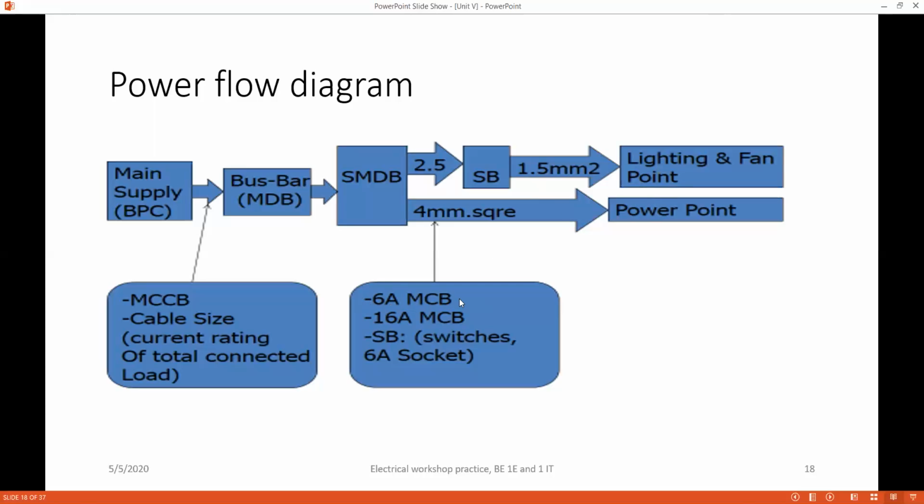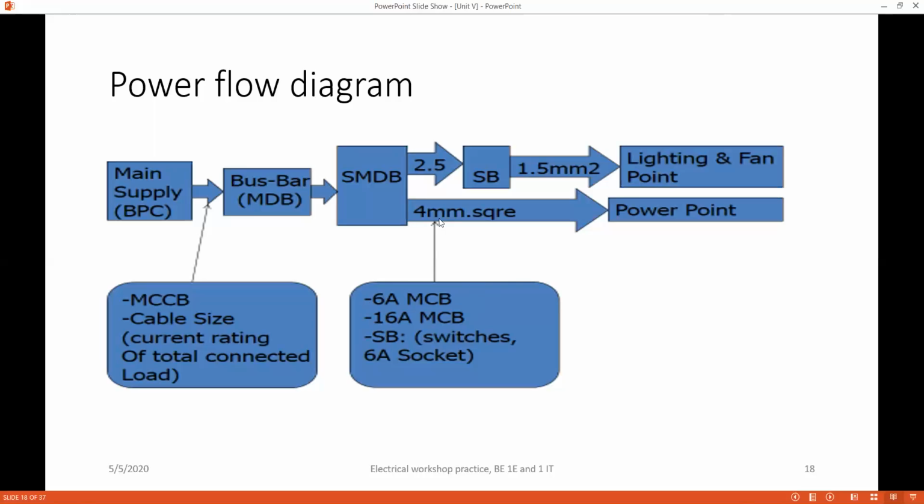This 6 ampere MCB can carry 800 watt load, and the 16 ampere MCB can carry 2000 watt load. So depending upon this, you have to connect the control gear.